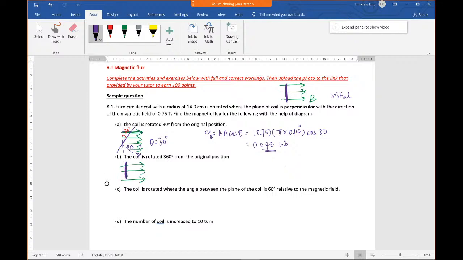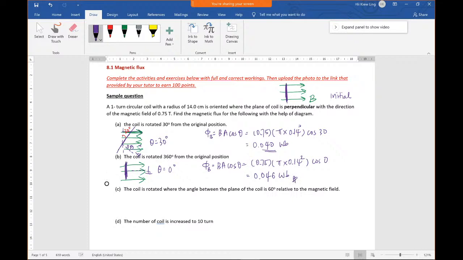So first find the normal line here. Theta is 0 degree. Magnetic flux is 0.75 times A, pi r squared, cos 0, which is 1, so you get 0.046 Weber.